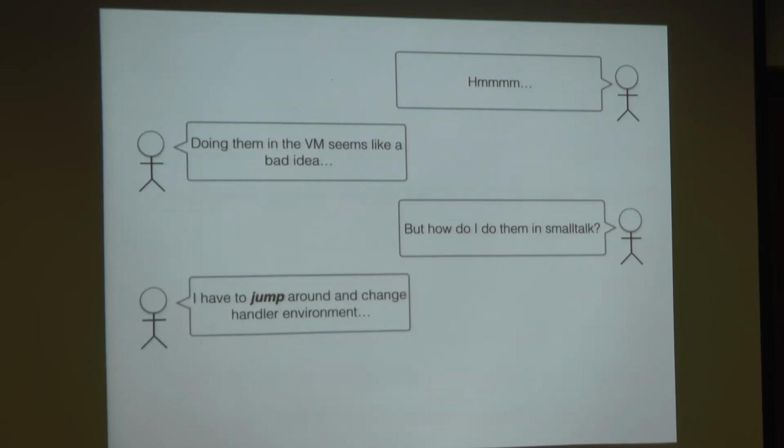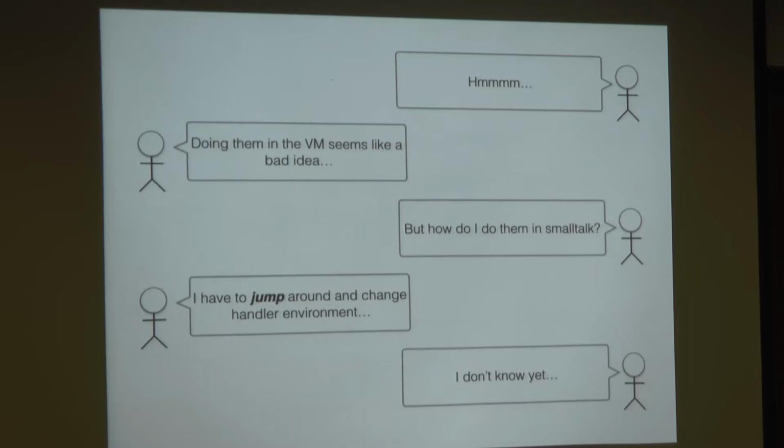With the ANSI spec, you have to jump around a lot. You have to try a new block for the retry block, or maybe you're evaluating default action, so you actually have to go back to the signaler exception context. So you have to jump around a lot, and the handler environment changes as you do that. So it wasn't clear to me yet.